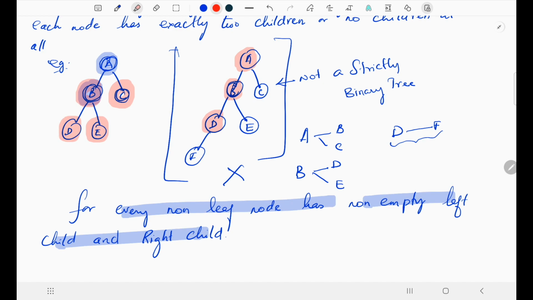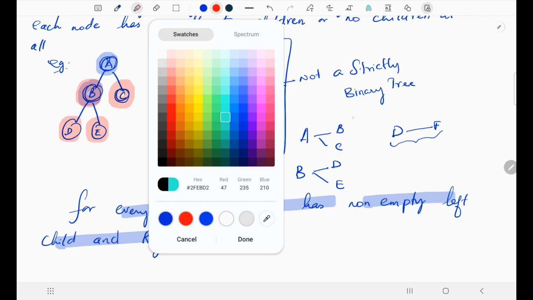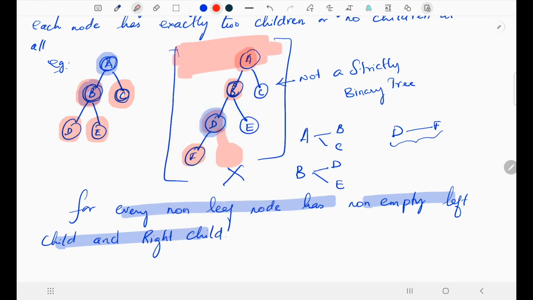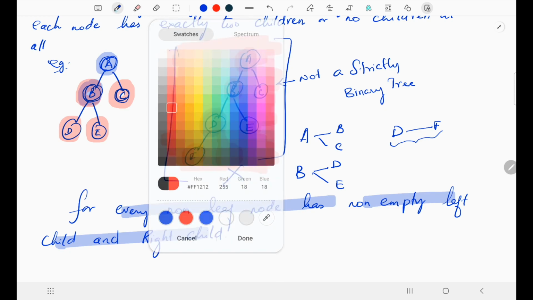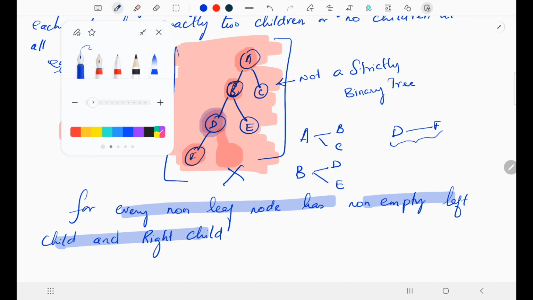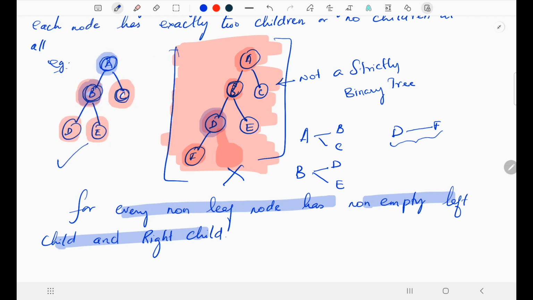If you see here, though D is an intermediate node, it has a non-empty left child, good, but it does not have a non-empty right child. So this tree fails as a strictly binary tree. So this is not a strictly binary tree, and this one is the strictly binary tree.